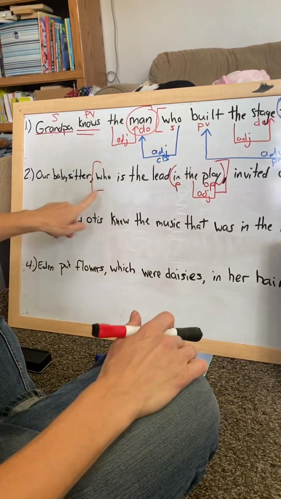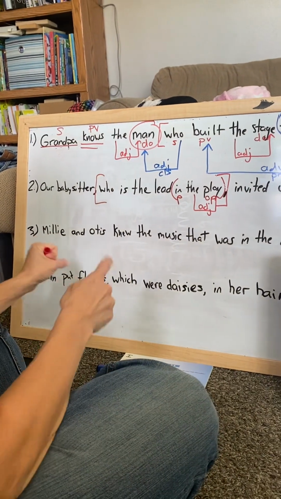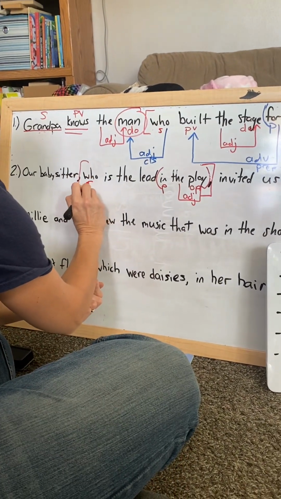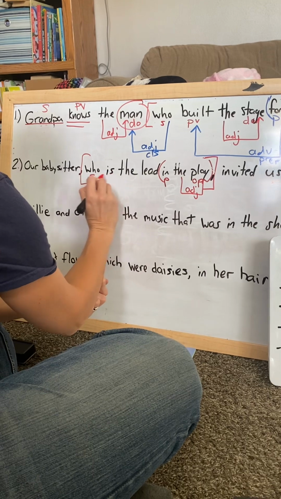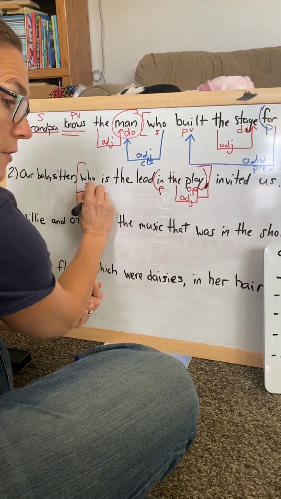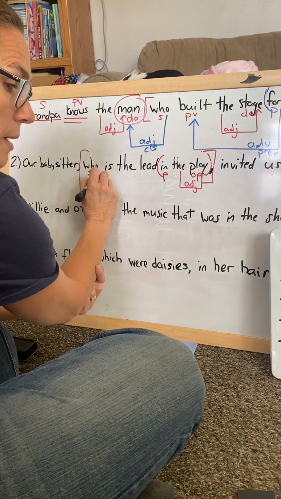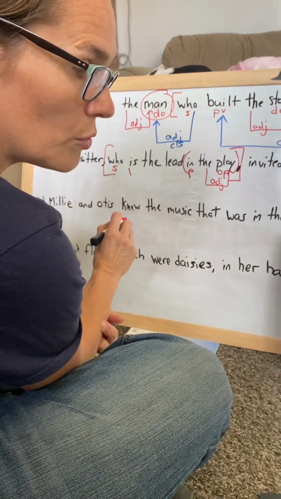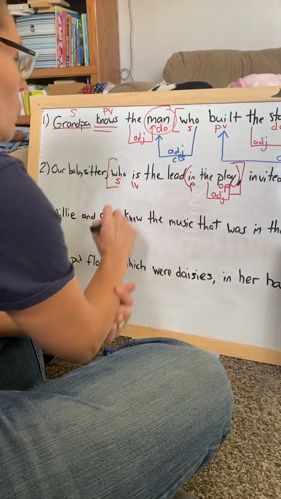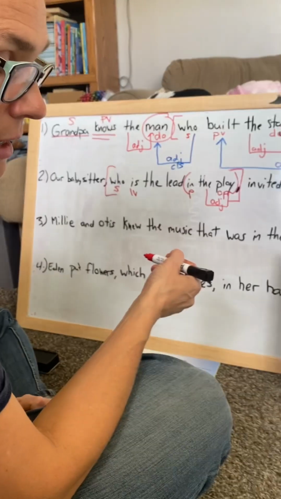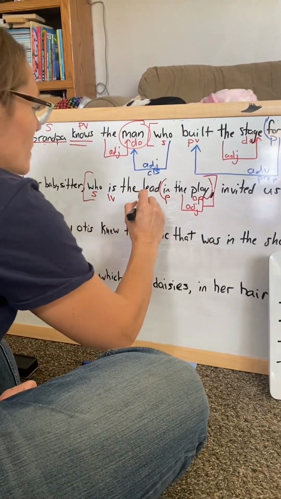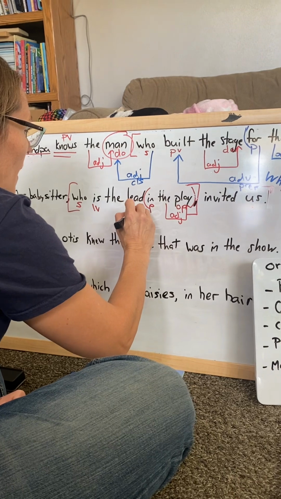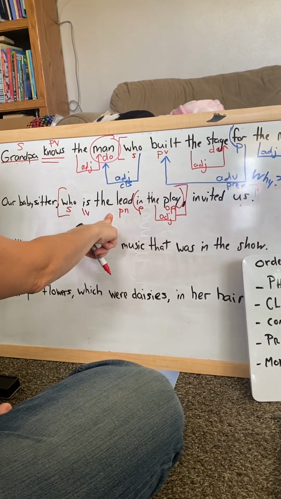All right, so now who, this is our subject in this clause. Who is, that's our linking verb. Who is what? Lead. Who or what? The lead. It's a predicate nominative. It is renaming.